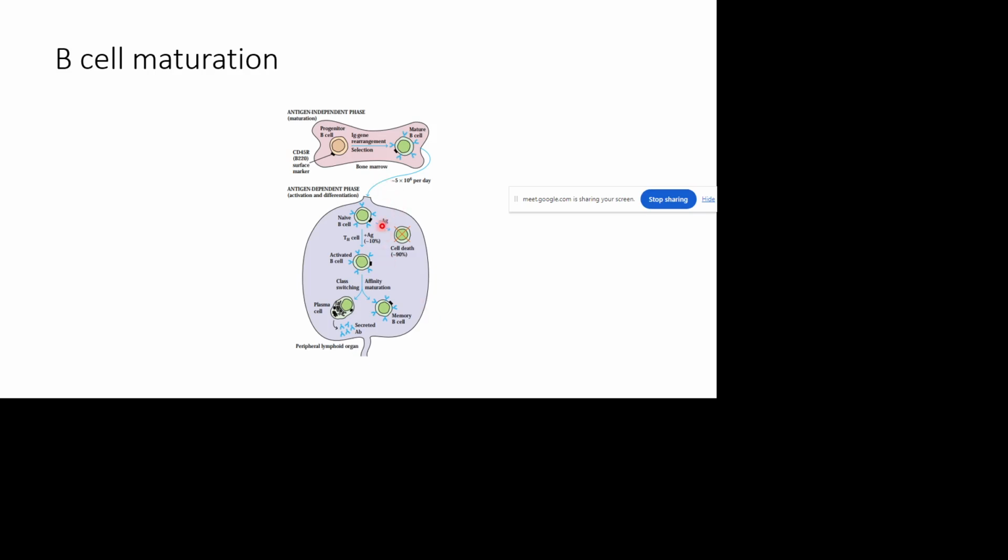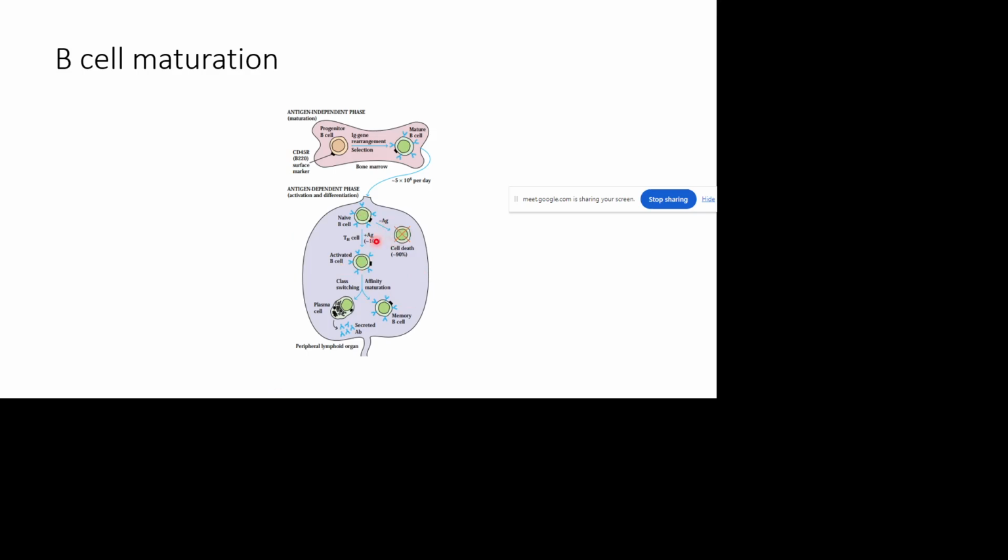Until it encounters an antigen, those B cells will be called naive B cells. But when they encounter an antigen, these B cells will be classified: which B cells will stay alive and which will die.